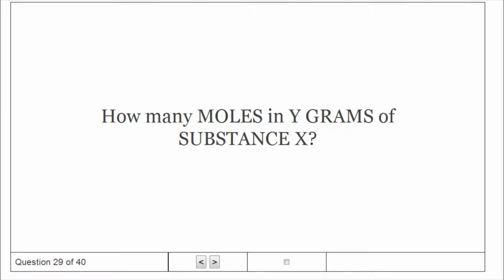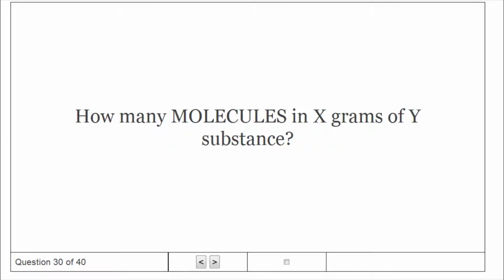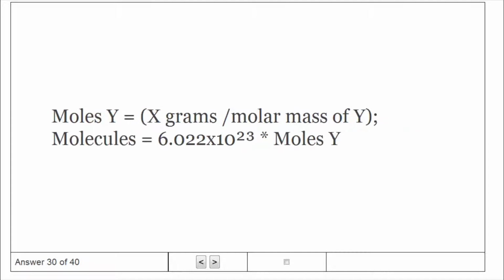How many moles in Y grams of substance X? Equals Y grams divided by molar mass. How many molecules in X grams of Y substance? Moles Y, molecules equals 6.022 x 10^23 times moles Y.